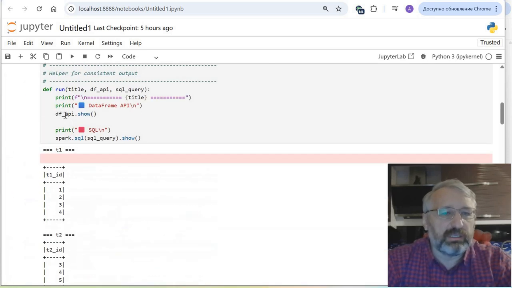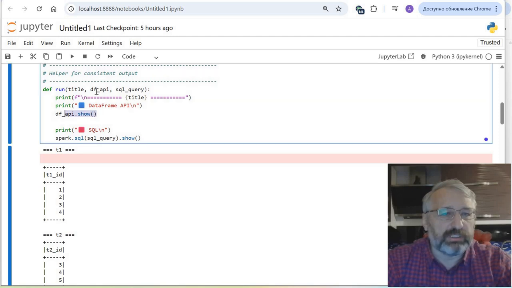Both are simply executed. This DataFrame API query is executed and shown. The show actually executes the Spark query, which was only built up to the point of execution.